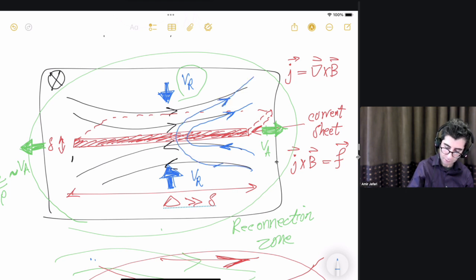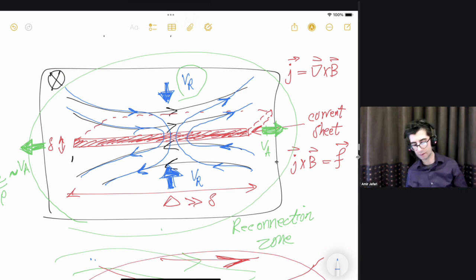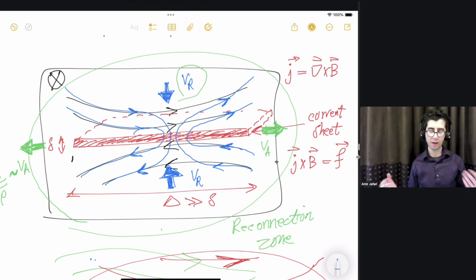This is that. And here we can draw it this way. And remember, this is just a simple drawing to provide you with some visualization or imagination of what's going on. But in reality, the geometry and everything is more complicated. But this is what we mean by reconnection in general, okay?